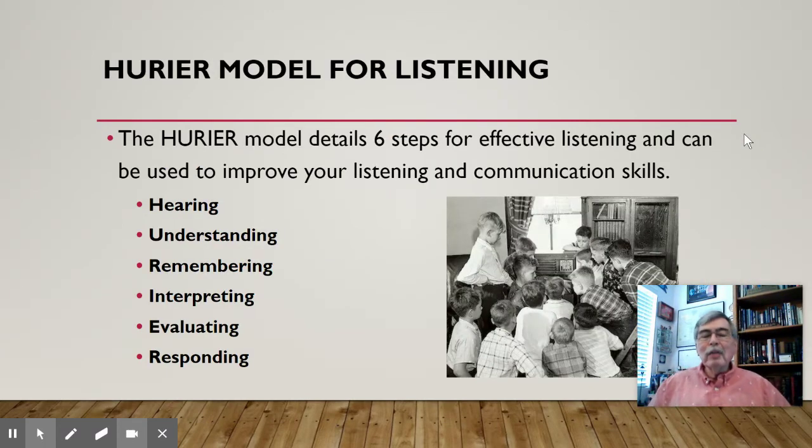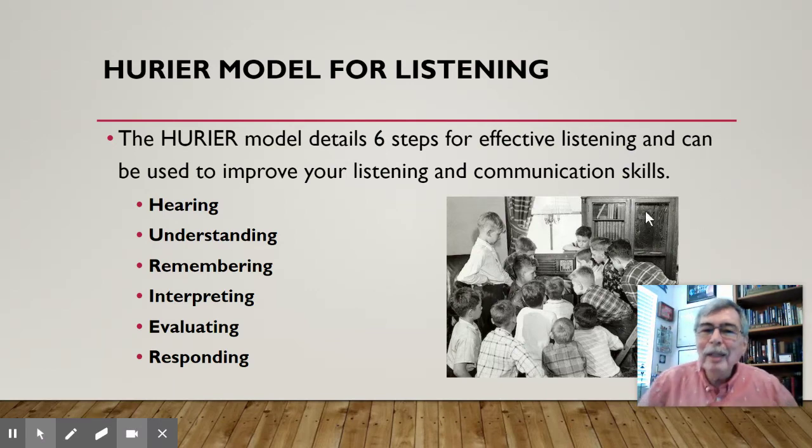All right, now in the book, chapter 3, it talks about the HURIER model of listening. And there's 6 steps. If you're aware of these steps, it can help you become a better listener. And oh my gosh, is that me?